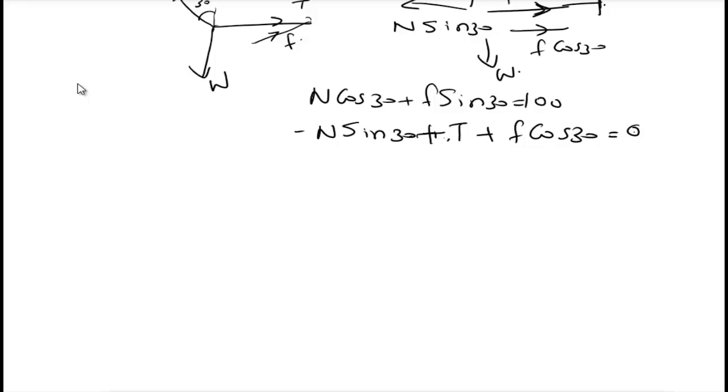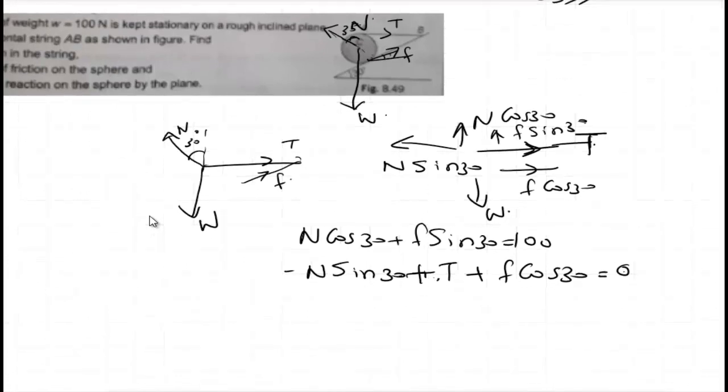And what about the torque acting on the system? Next we can consider the torque. The net torque acting on the system is equal to 0. Tension is acting here at a distance r, which gives tension into radius. And the frictional force is also acting at a distance r.